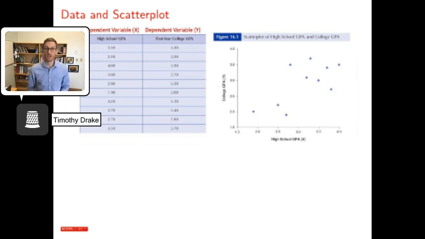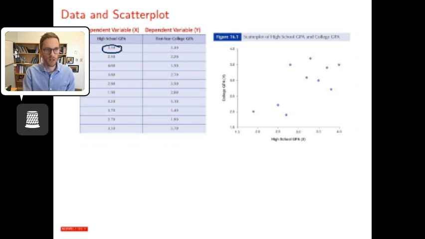Okay, so just like we did at the beginning of this lecture, we can gather some data and create a scatter plot. Now I have students who have a first year college GPA, and I know their high school GPA, so I can make a table of both of those. I have student number 1 right here. They got a 3.5 in high school, and their first year they got a 3.3. Then I could plot that.